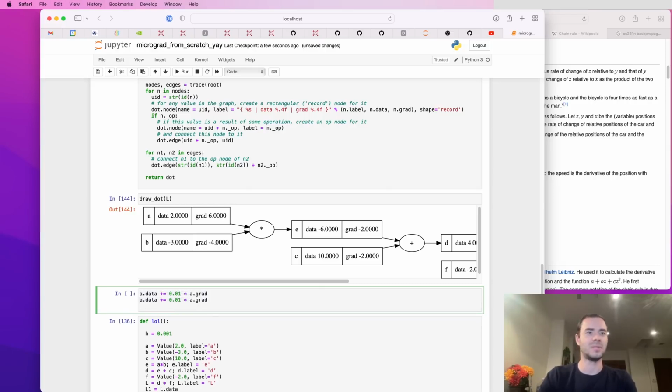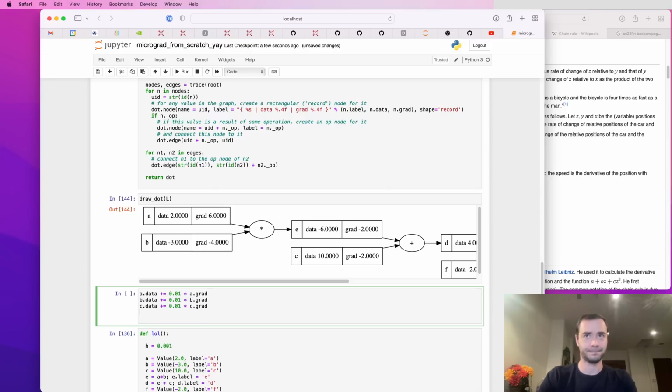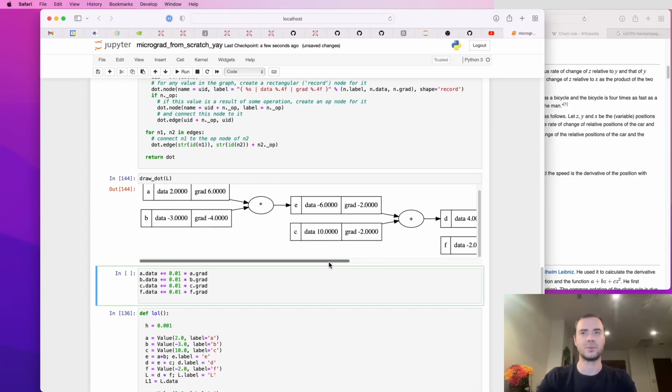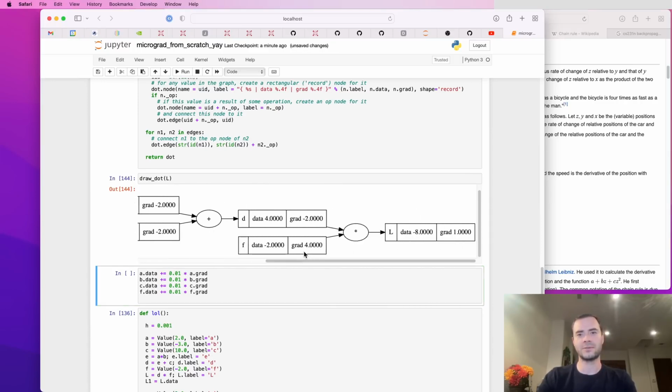And we don't just want this for a, but also for b, also for c, also for f. Those are leaf nodes, which we usually have control over. If we nudge in the direction of the gradient, we expect a positive influence on L. So we expect L to go up.